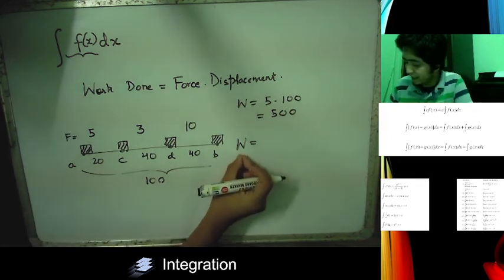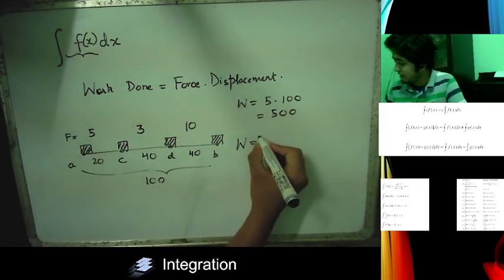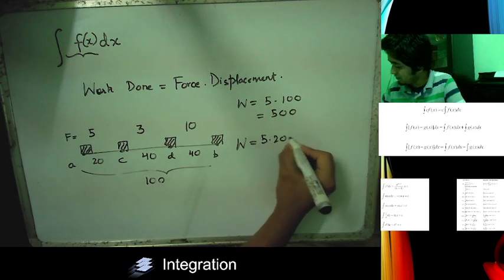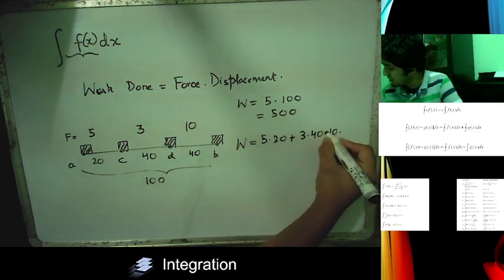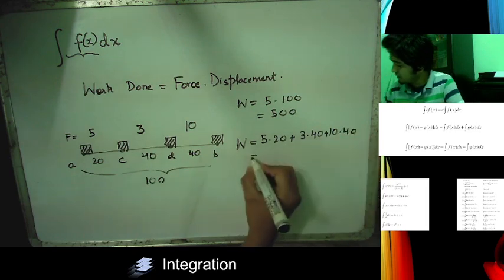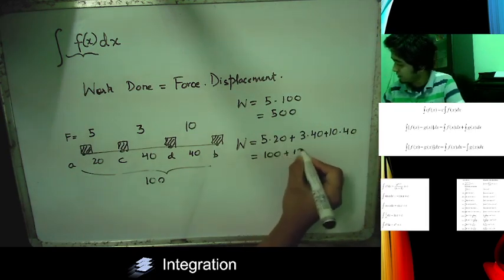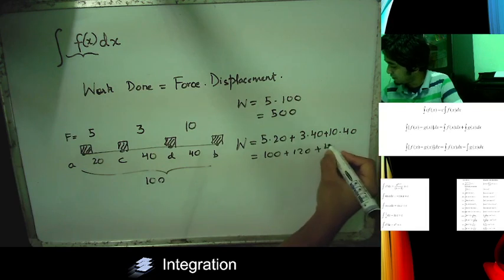So over here, the work done is 5 times 20 plus 3 times 40 plus 10 times 40: 100 plus 120 plus 400.